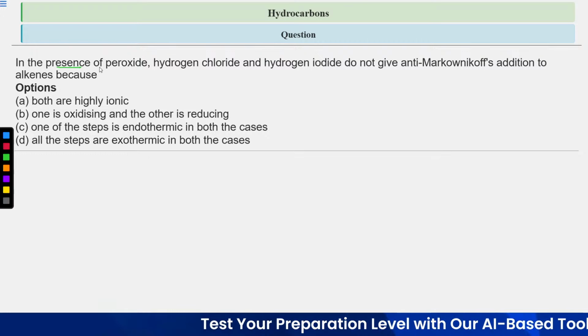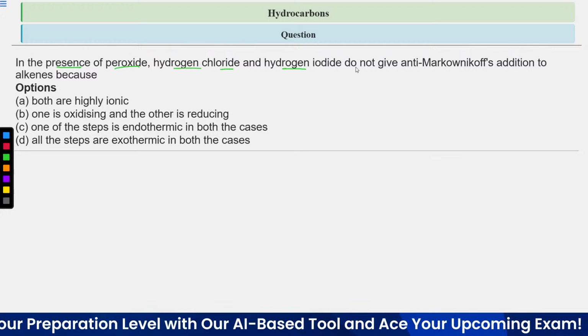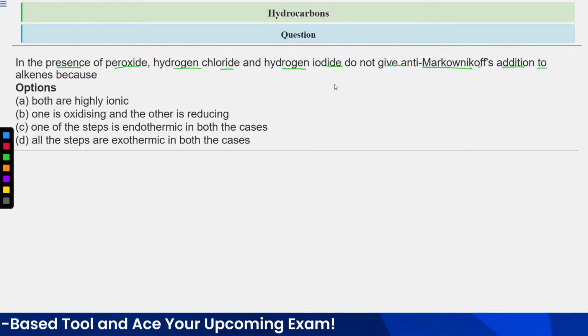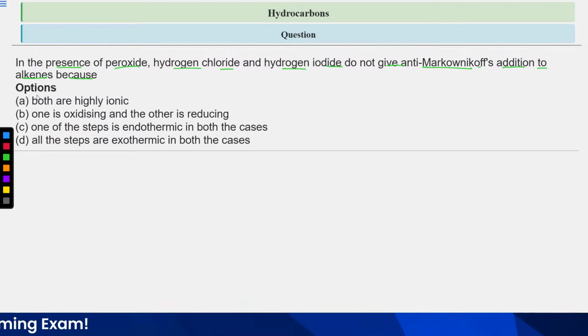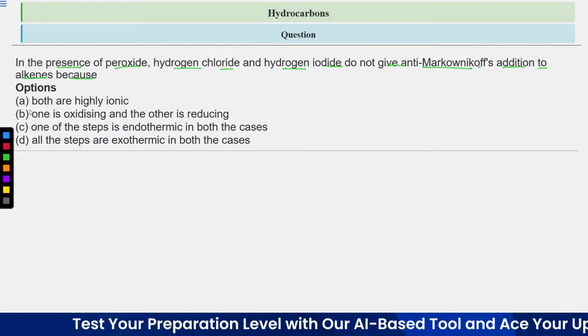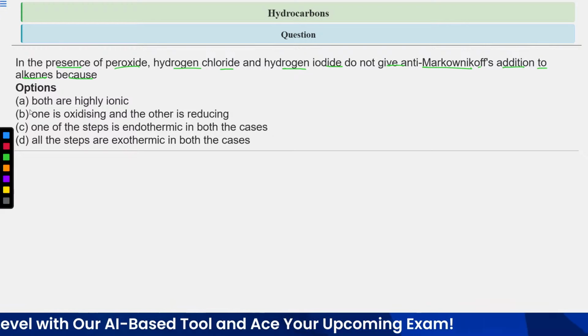In the presence of peroxide, hydrogen chloride and hydrogen iodide do not give anti-Markovnikov's addition to alkenes. Because of which reason? The question says that in the presence of peroxides, hydrogen chloride and hydrogen iodide do not give anti-Markovnikov's addition to alkenes.